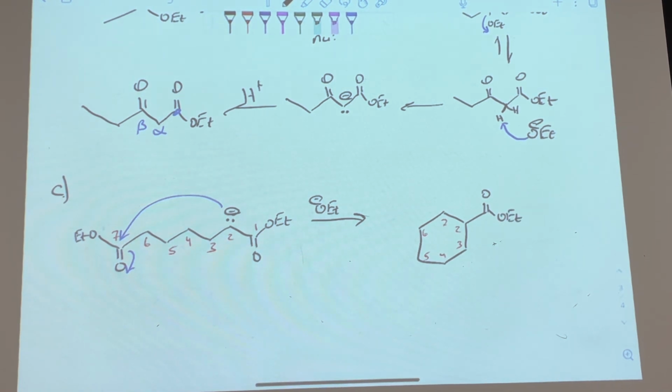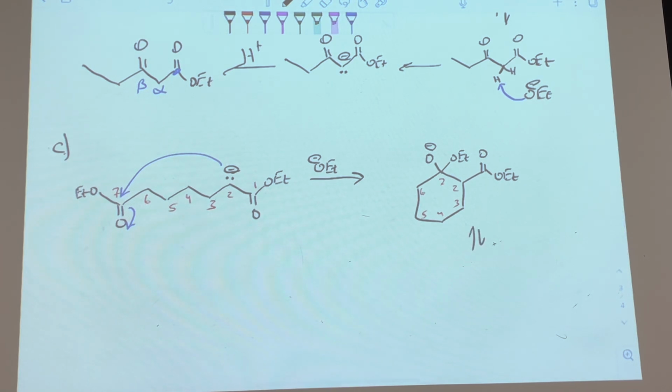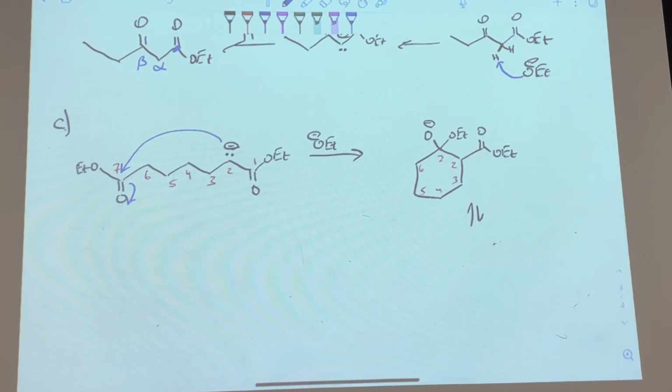What else do we have? Carbon 7 is the carbon that got attacked, so that should be the tetrahedral intermediate. And then the next step, reform the carbonyl and kick out the ethoxide.